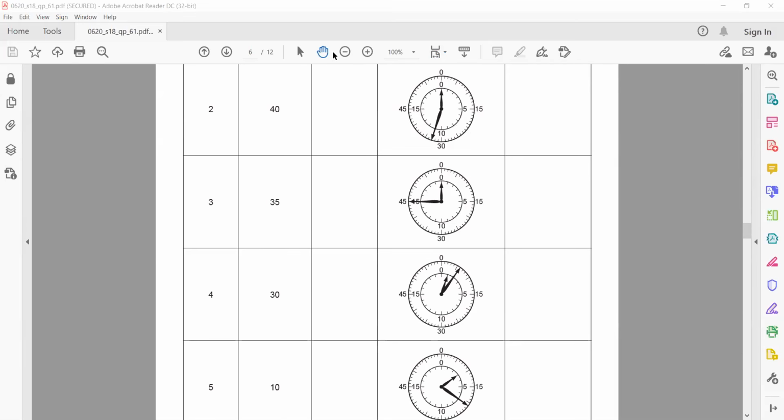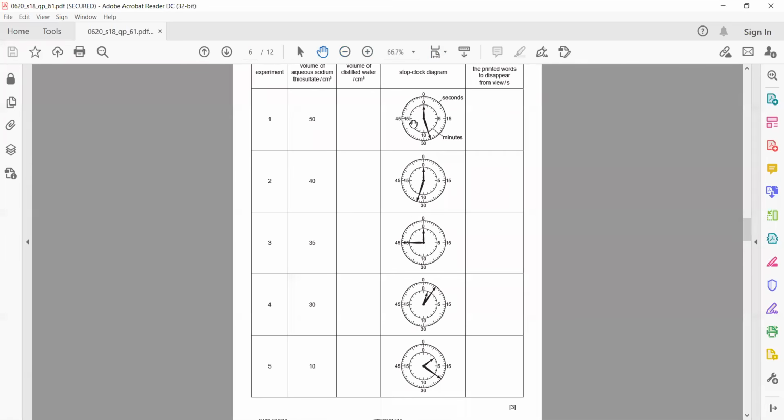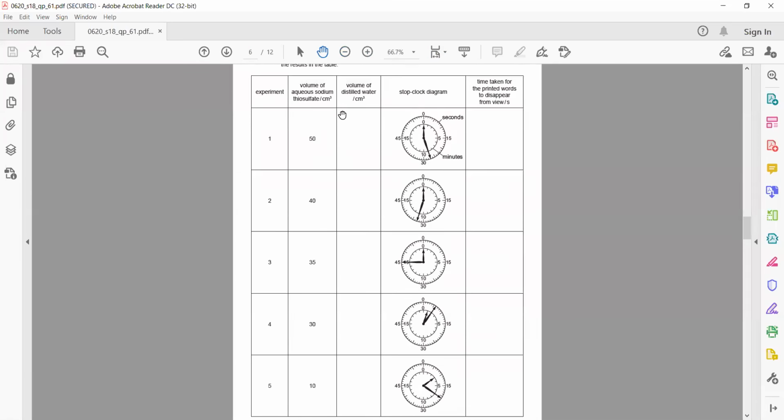Now you can use a screen annotation to complete this table: the volume of the distilled water in each experiment, and the time.